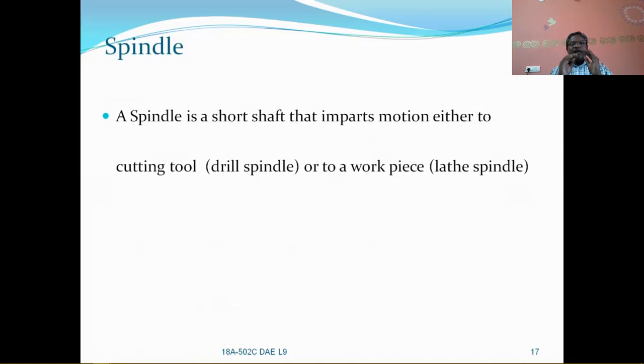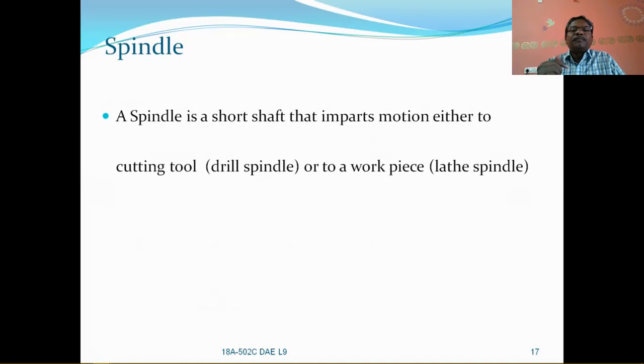If you see the drilling machine, the spindle is used to mount the cutting tool in the hole provided in the spindle. That means the spindle will rotate and the tool is also going to rotate along with it, and we can drill the hole.